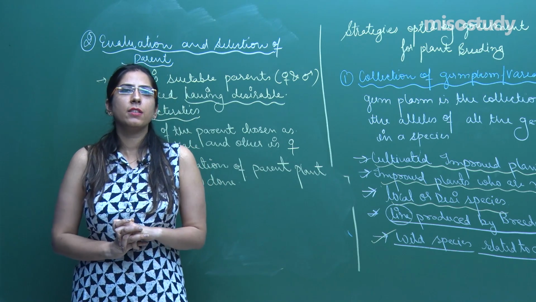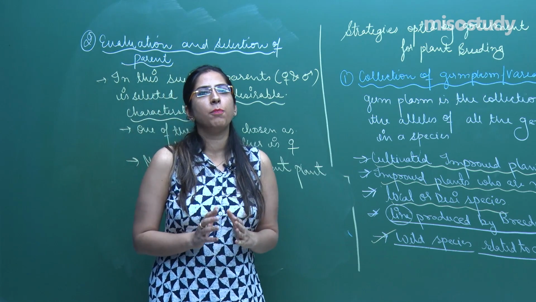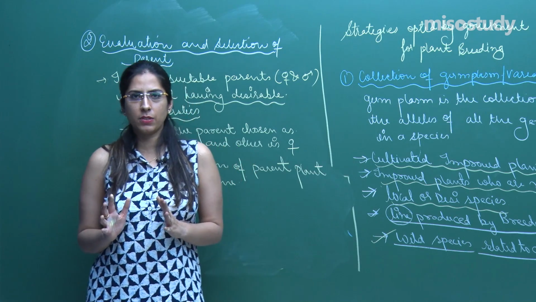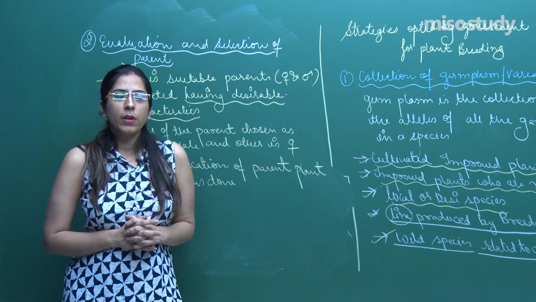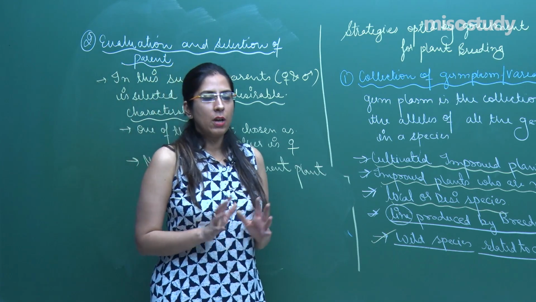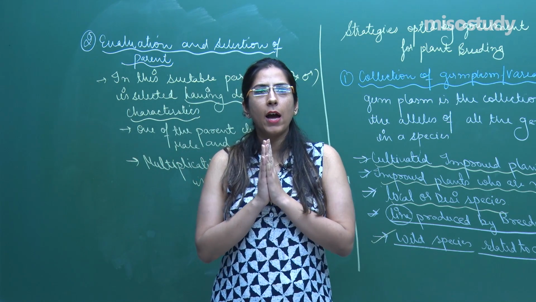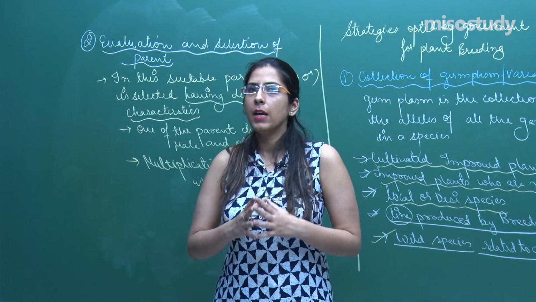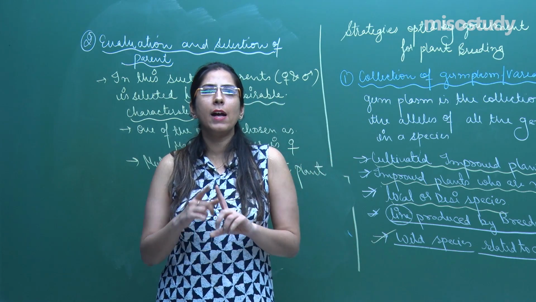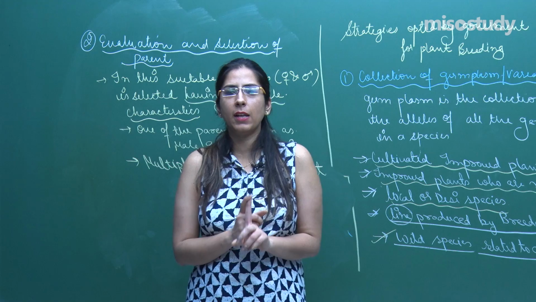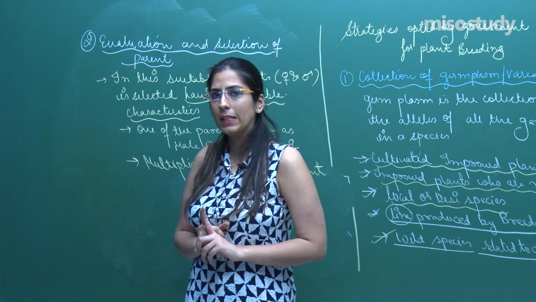In the hybridization experiment, suppose both male as well as female are present. Now, in the female, suppose I have a female plant. First of all, I know that I have to do the fertilization experiment. In the fertilization, first of all, I will do the emasculation in the female. Emasculation is the removal of the anther.